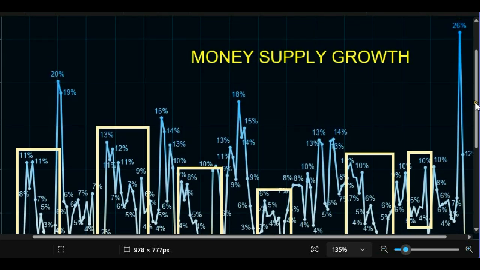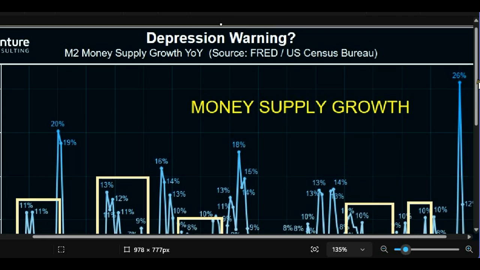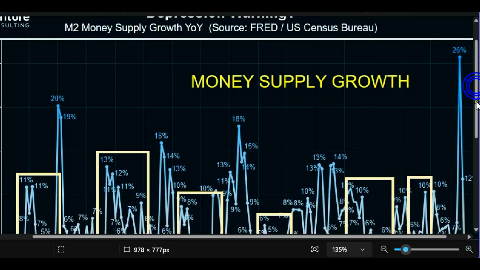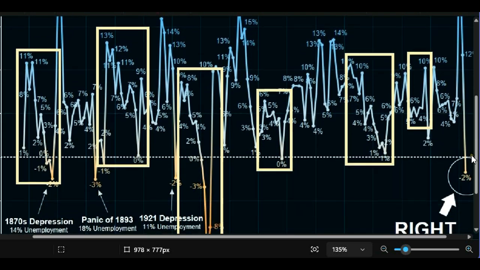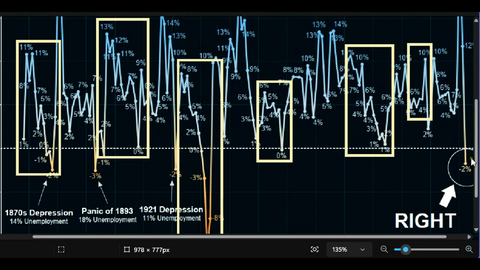Okay, and we're looking at a depression warning. I wonder if that's going to happen. Market could stop right here. It'll go straight back up again, just like after 1870, the depression there.